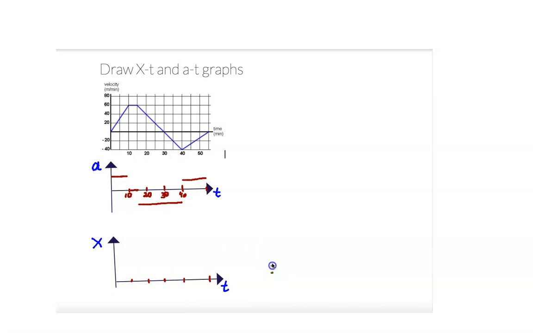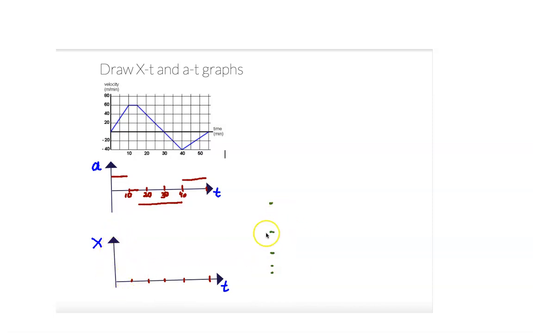So I know my dot diagram should look something like this. It just increases, right? At equal amounts of time. So this is my dot diagram. This is how I'm moving in positive direction on my position axis.